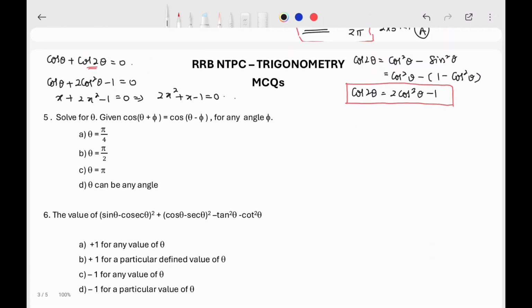This implies from our basic algebra either x is equal to minus 1 or x is equal to half. You can check the answer. From the given condition, cos 2 theta is equal to minus cos theta.